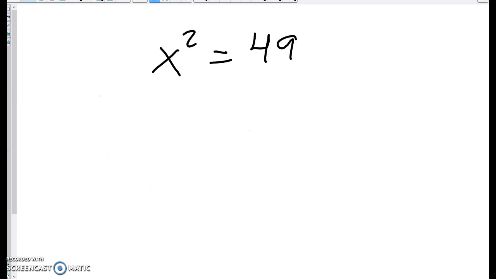Now, what the Pythagorean theorem was sort of hiding from you is that if you actually look at this equation and see that it's x squared equals 49, you're seeing what number times itself equals 49. And yes, the square root of 49 is one of those answers.